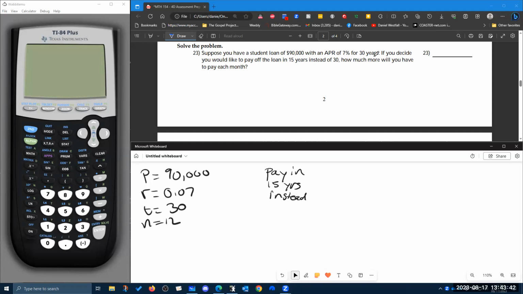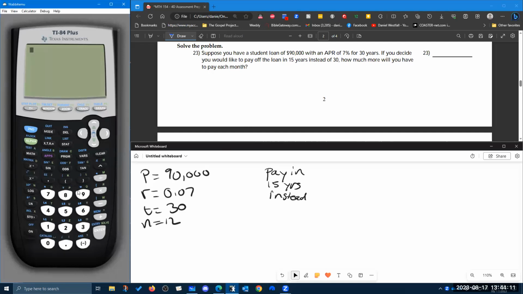But assuming that you do that, maybe you think that you are going to be able to pay it off faster than that, that you're going to make higher than required monthly payments. Let's see how much more you would have to pay each month to pay off the loan in half the time, in 15 years instead of 30 years.